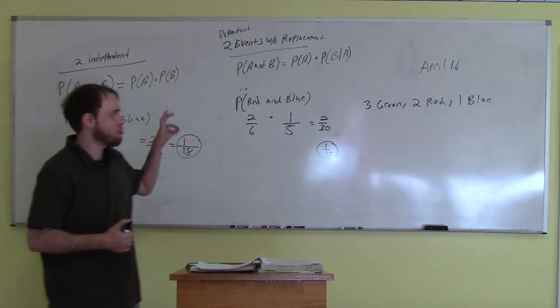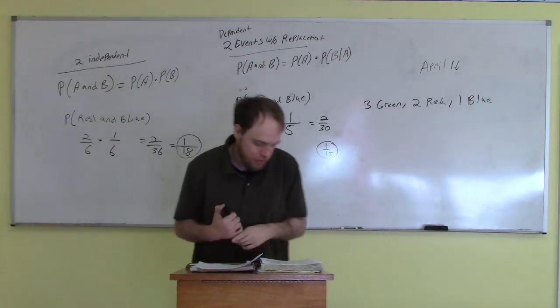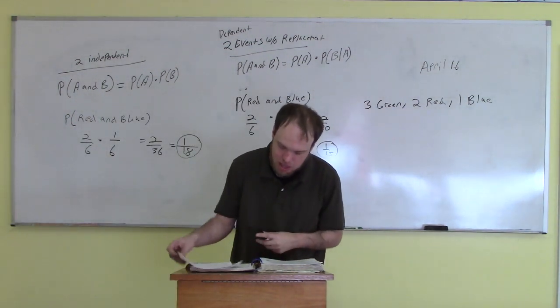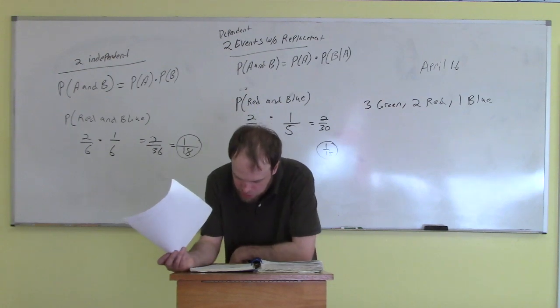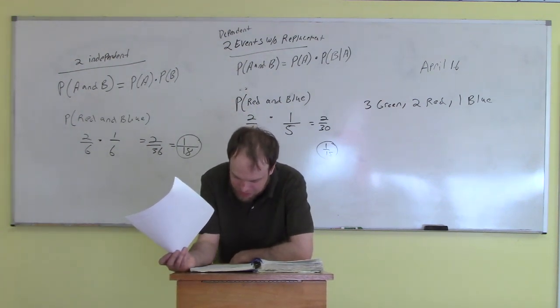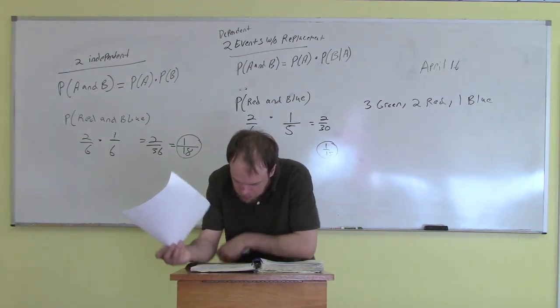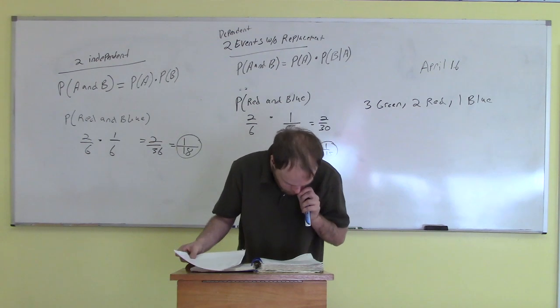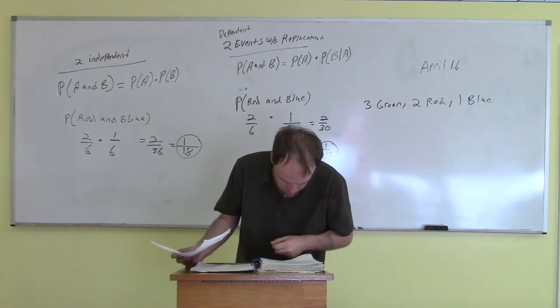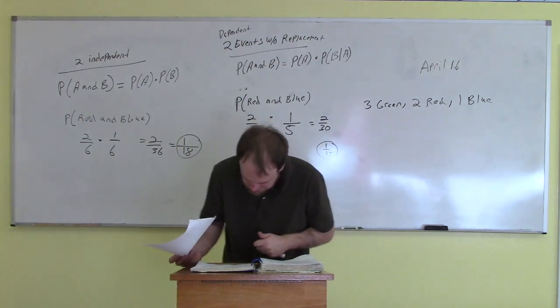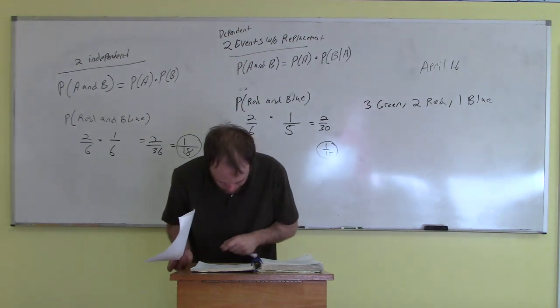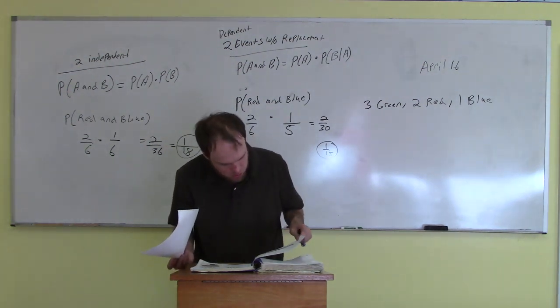Now, you need to keep in mind your definitions are important. What's the difference between independent and a dependent one where you're without replacing it? So I think you should be okay to do the homework from that.